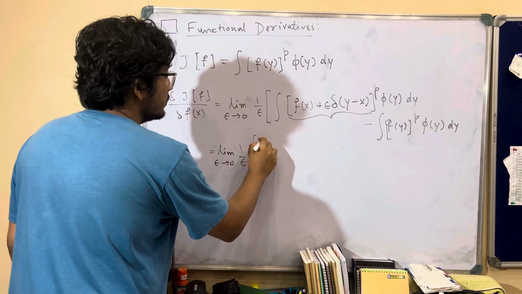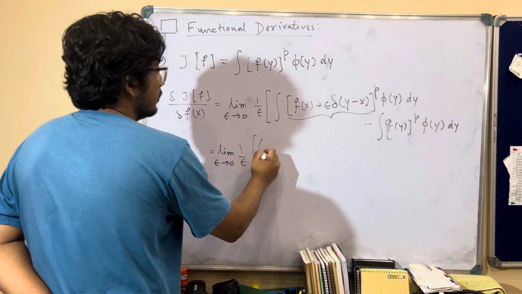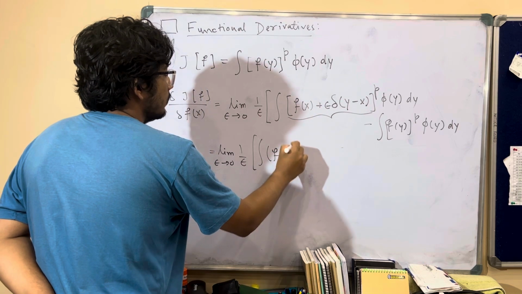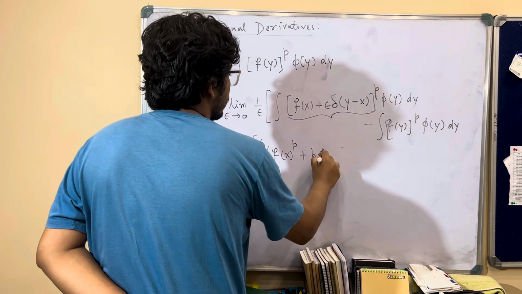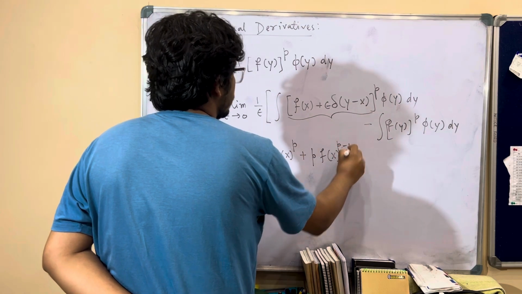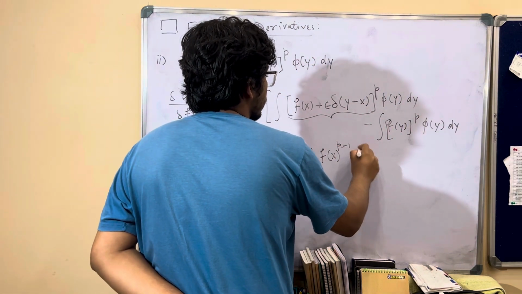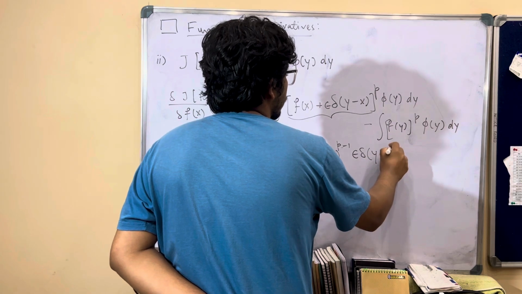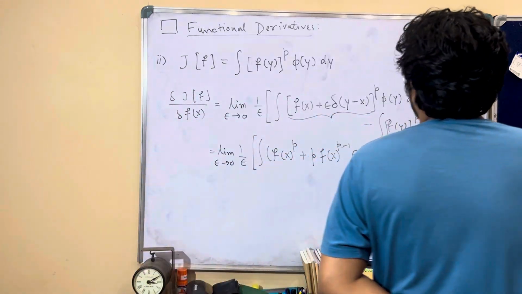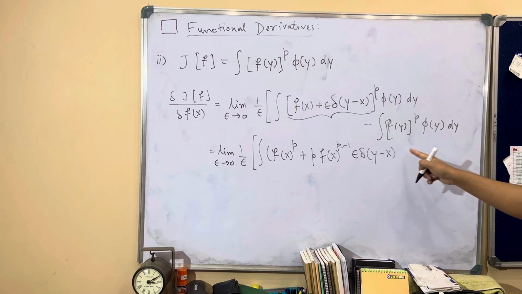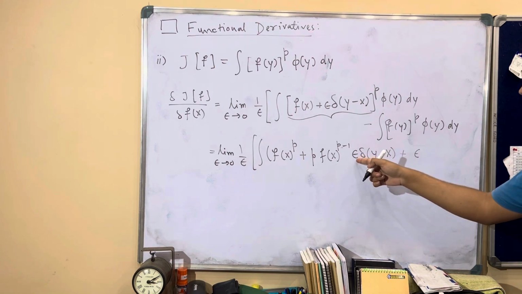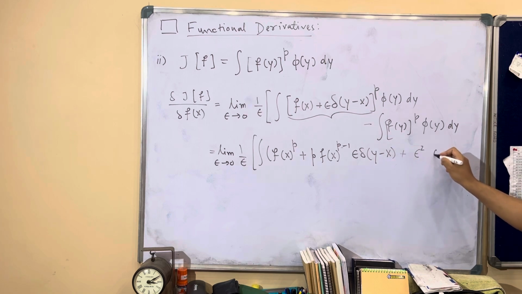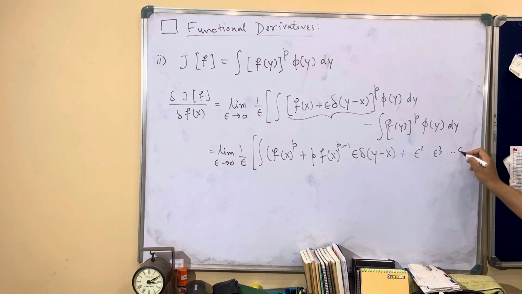a beautiful structure, that is f of x to the power p plus p times f of x to the power p minus 1 times epsilon into delta y minus x. There will be other terms as well, which include epsilon square, epsilon cubed, up until epsilon to the power p.